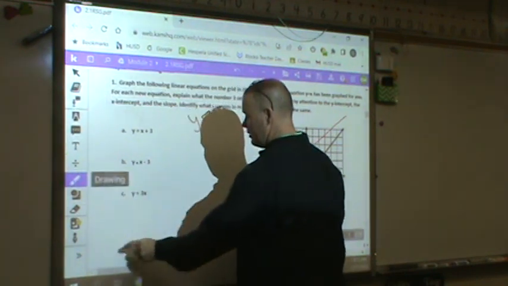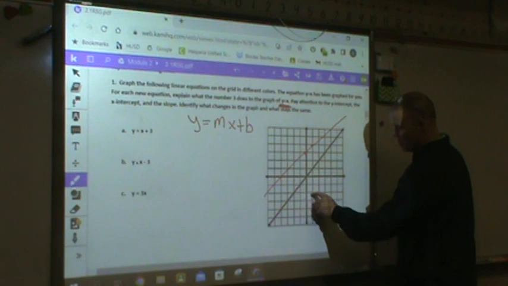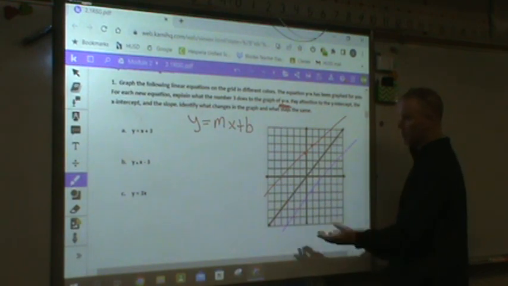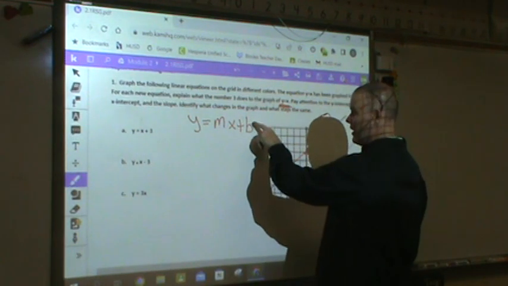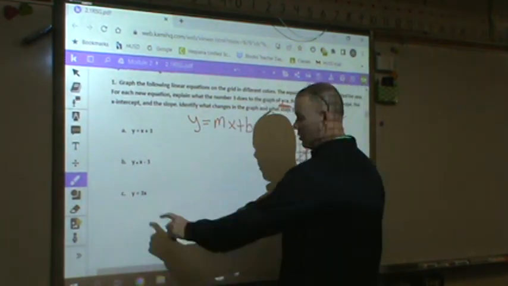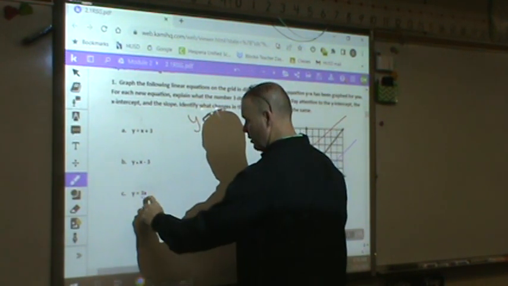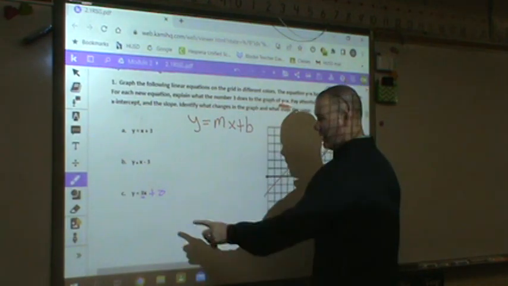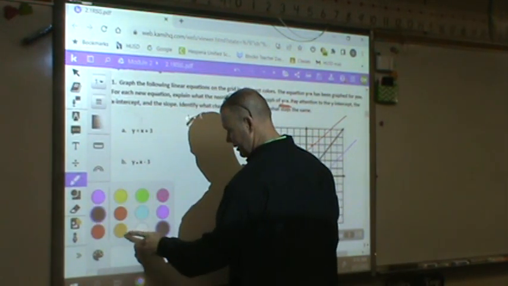What happens then if we subtract 3? Well, if we subtract 3, you should note that it shifts down 3 units. Pretty simple. Shifts up, shifts down. So the change in the b value causes my line to shift up and down. What about if I change my m, or my rate of change, to 3? My y-intercept is 0, and I'll do a third color here.